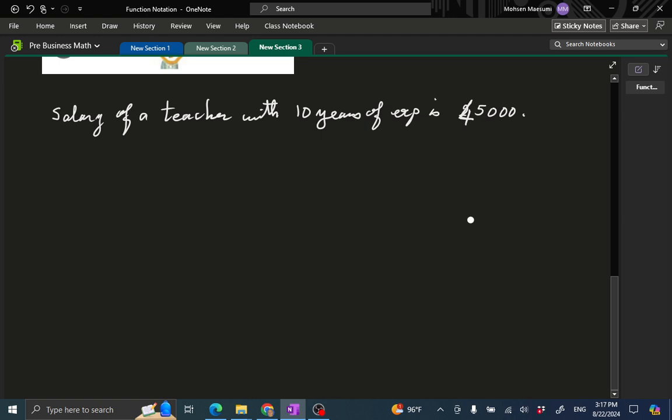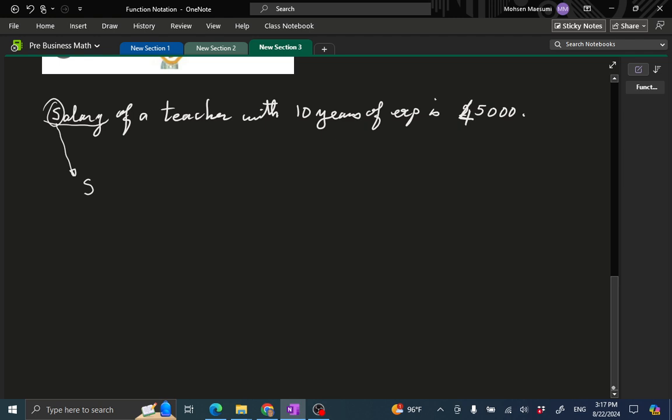Well, it took a line to write that down, and if you have a lot of references to something like this in a report that you're writing, this whole sentence every time is not going to be fun to write or to read. So you abbreviate in the context of what you're doing. So you're having a salary, so you pick the letter S here. So S stands for salary.